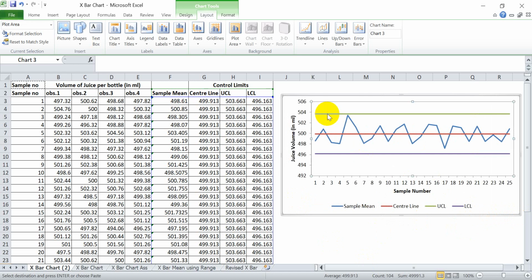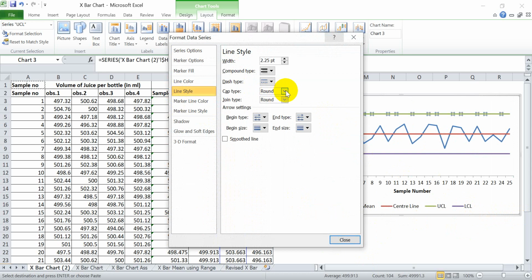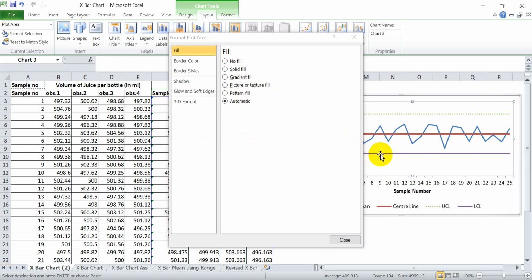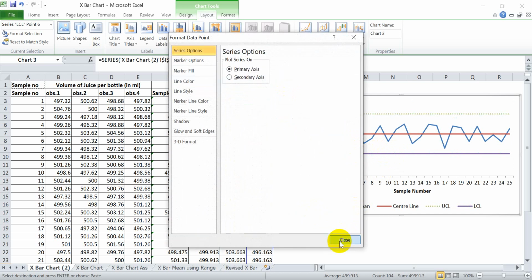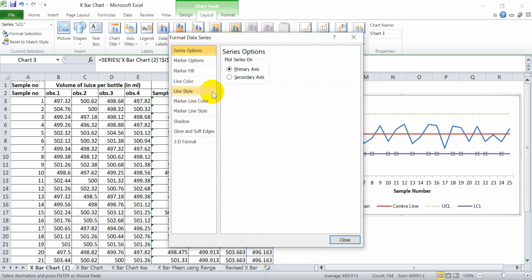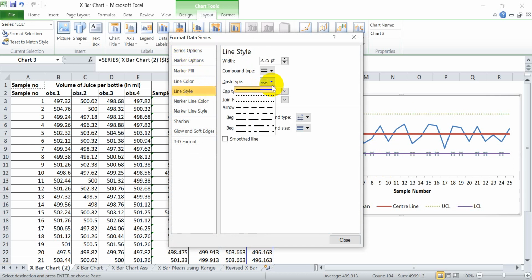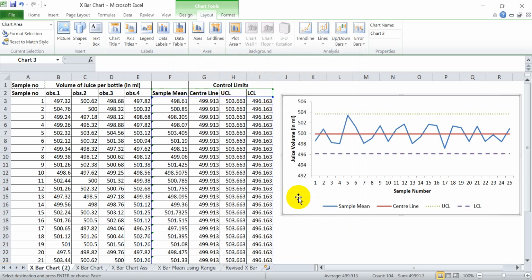Now I'm going to change some lines. This is for the upper control limit.